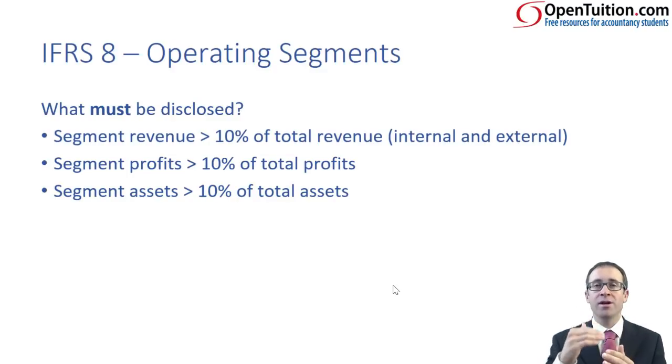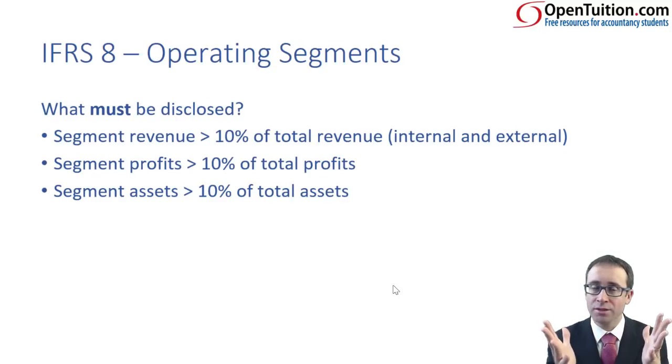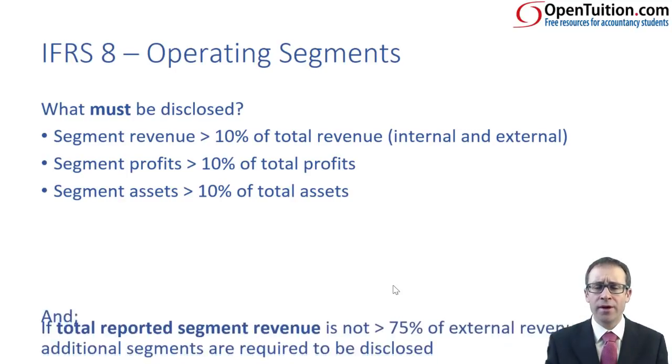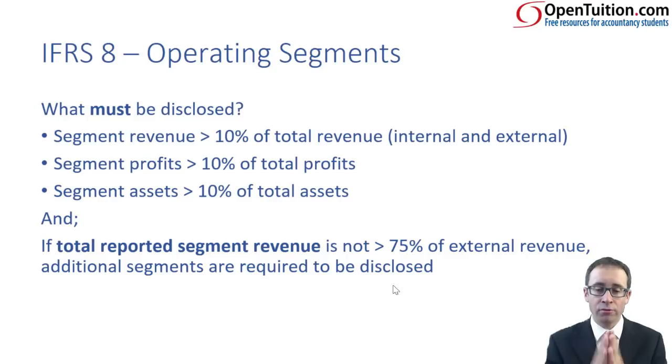So having gone through each of those 10% tests, you now know the operating segments that must be disclosed. Okay, so you will have narrowed it down from 100 or so, maybe down to say 4, 5 or 6. Okay, they must be disclosed. However, there is an override rule.